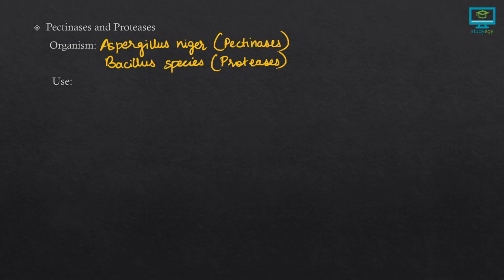The use of pectinases and proteases is to clarify fruit juices. If you compare homemade fruit juices to ready-made bottled fruit juices, the juices which we prepare at home are usually not that clear. They have a lot of fiber in them. The ready-made juice is a lot clearer. Usually in these industries, they use pectinases and proteases to clear out the juice and make it a lot clearer.